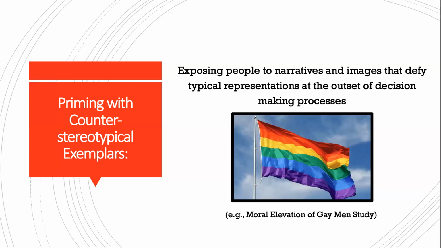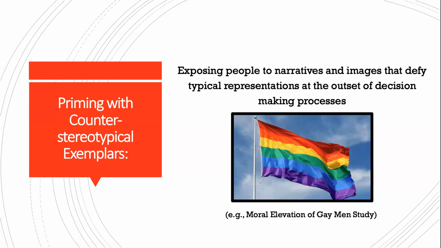And the final intervention that I'll talk about is priming with counter-stereotypical exemplars. Oftentimes I'll use videos or vignettes or portraits or photos within the physical space to really counteract stereotypical notions that we might have of certain individuals or groups of people.